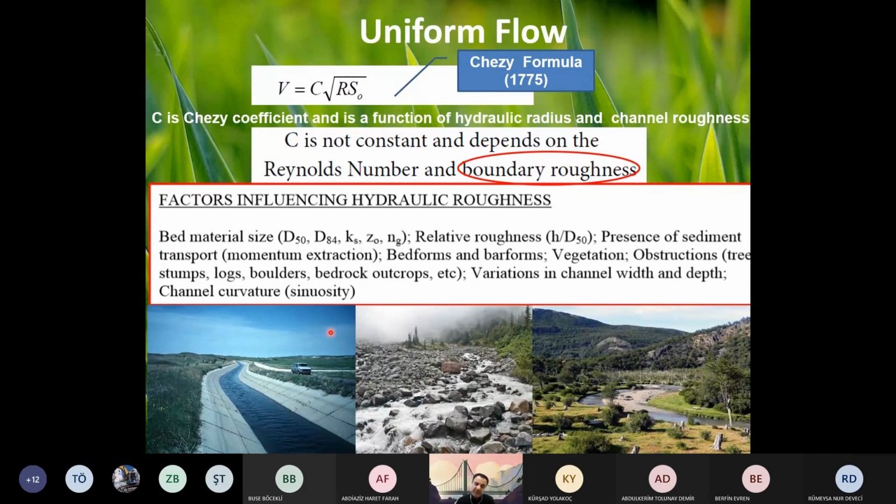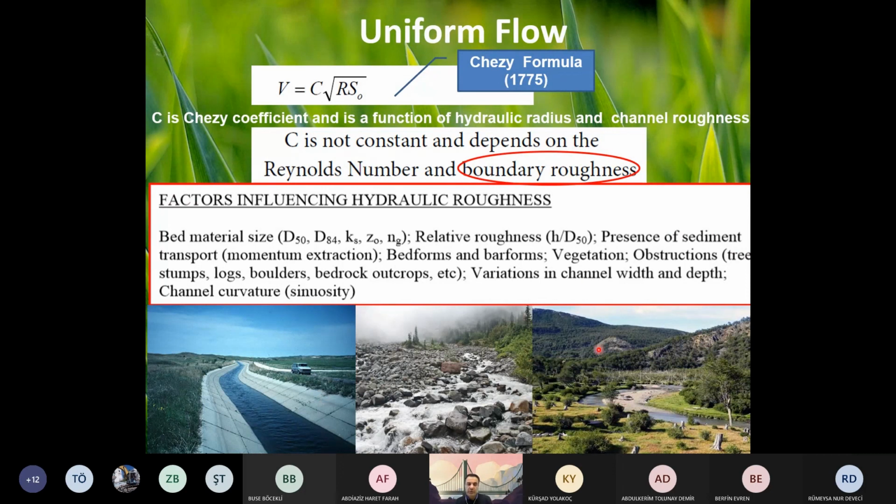This is a big topic of detailed investigations by river engineers, and for different kinds of channels and bed materials, the roughness coefficient or C coefficient will be given to you from the standard tables, and we will see here.